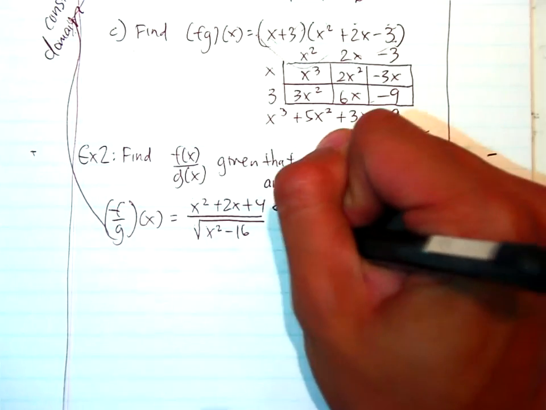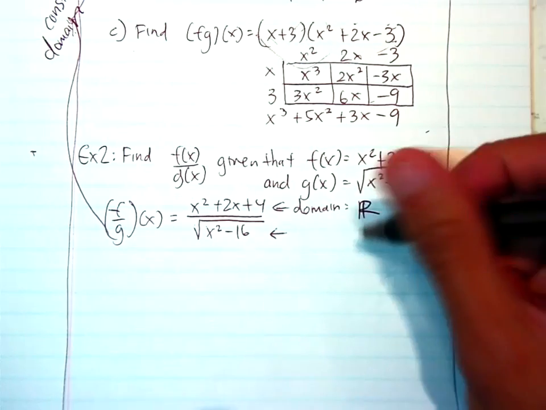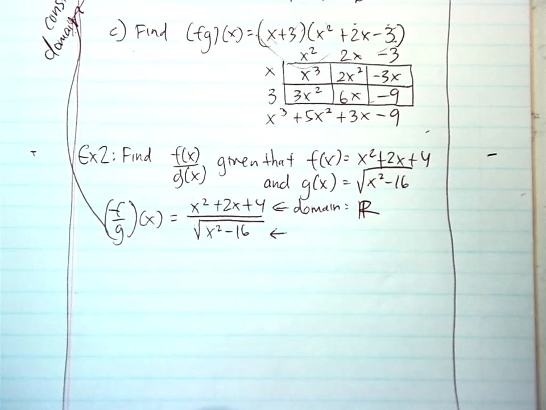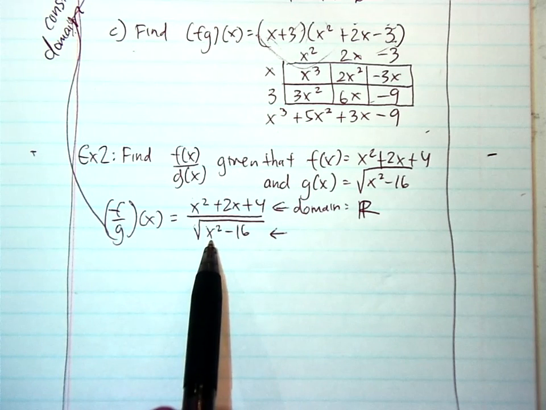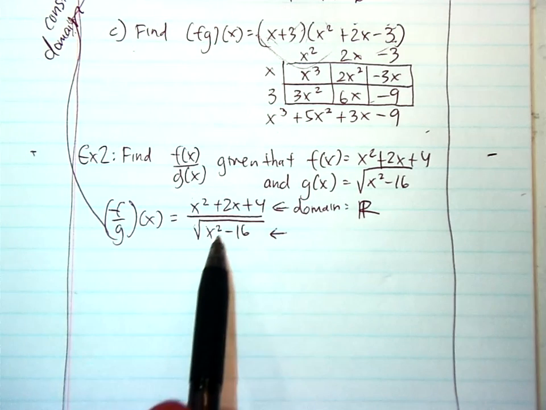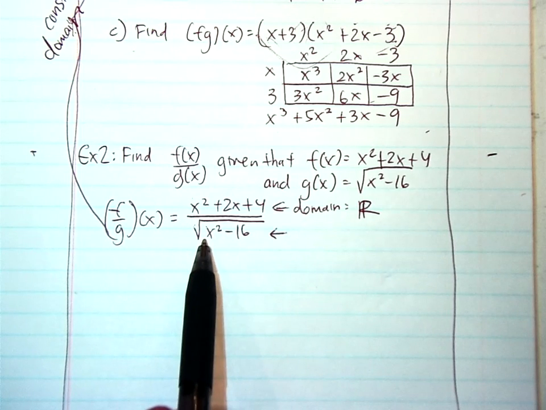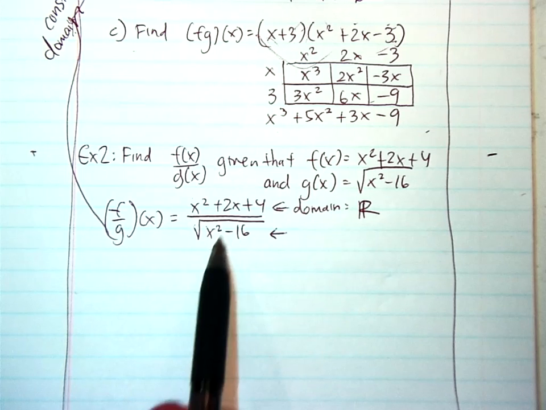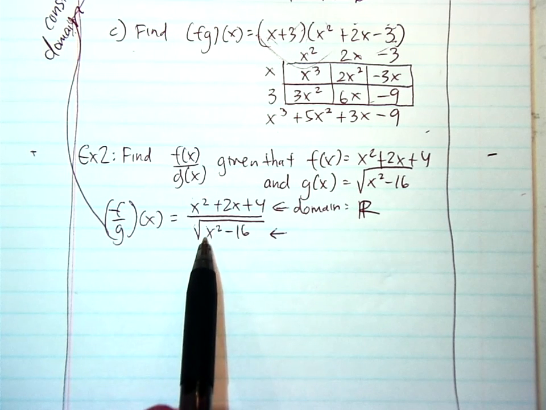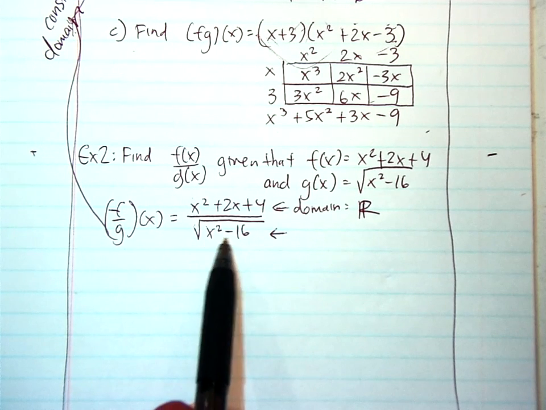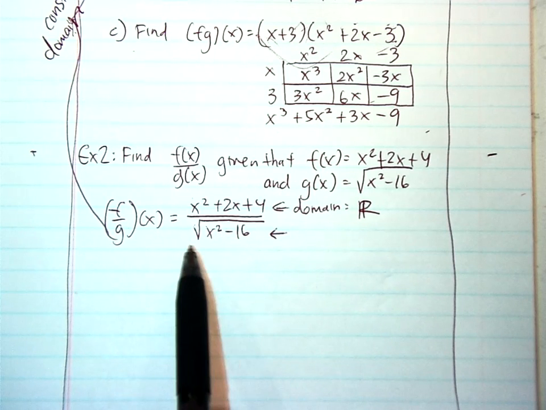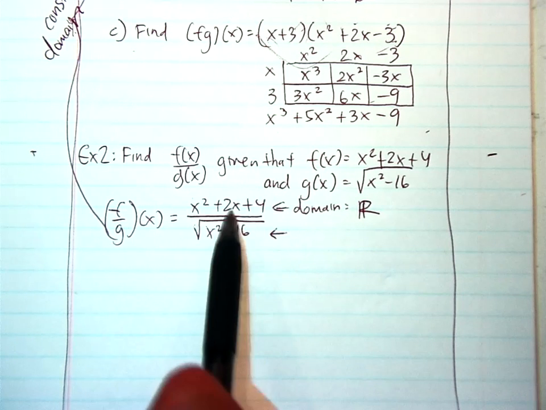The domain for this, however, is a little different. So for this, you might have to look at this analytically. I know if x squared is smaller than 16, it'll be negative, so that can't happen. And I know if x squared is 16, then 16 minus 16 is 0, and I can take the square root of 0, but I can't divide by 0.